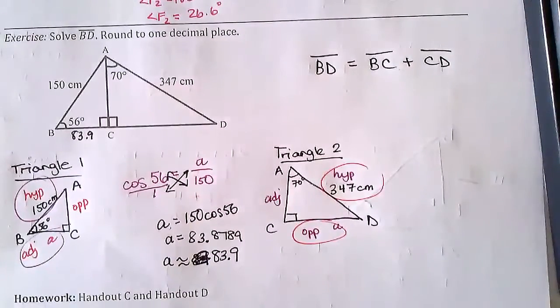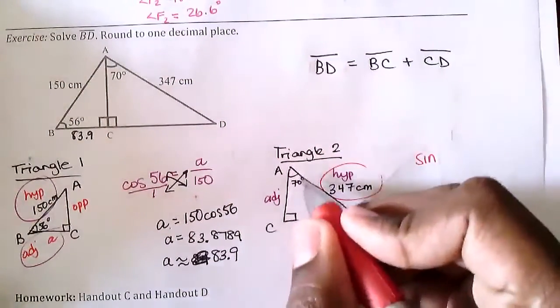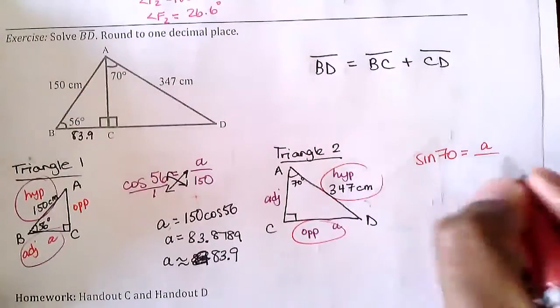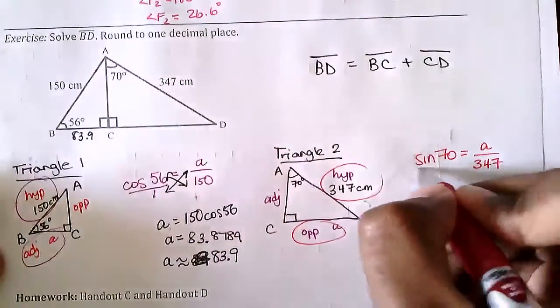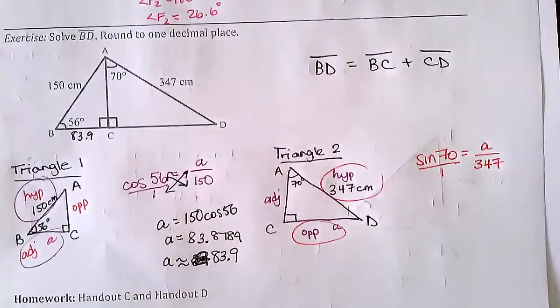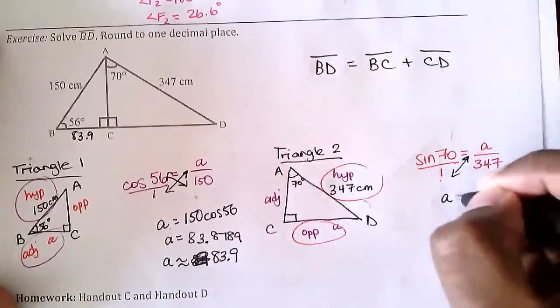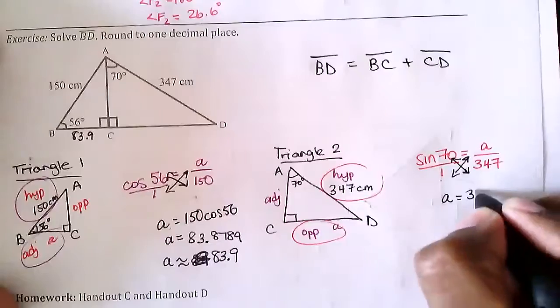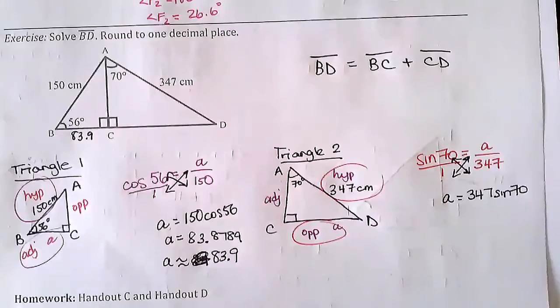So SOH, I'm going to use sine in this case. So sine of the angle of interest, which was 70, is equal to opposite A over hypotenuse 347. Again, I'm going to create fractions in order to solve for the side length. Then I'm going to do cross multiplication. So 1 times A is A, and 347 times sine 70 is 347 sine 70.